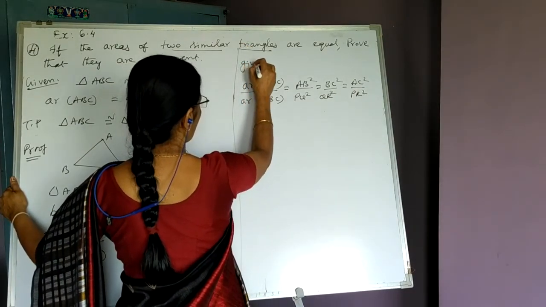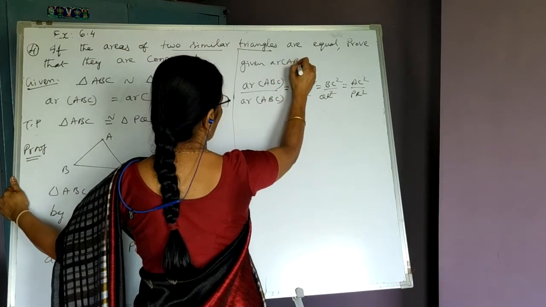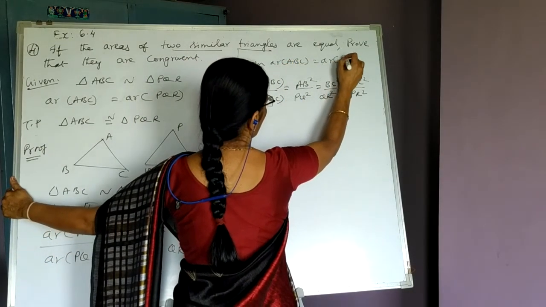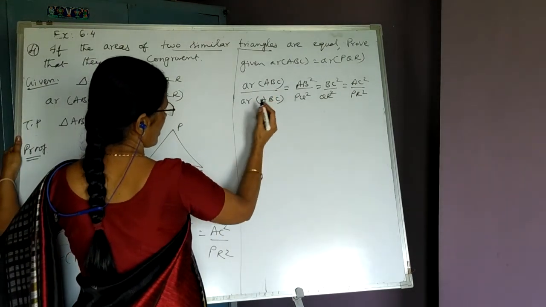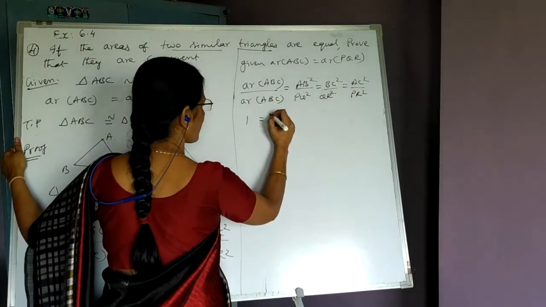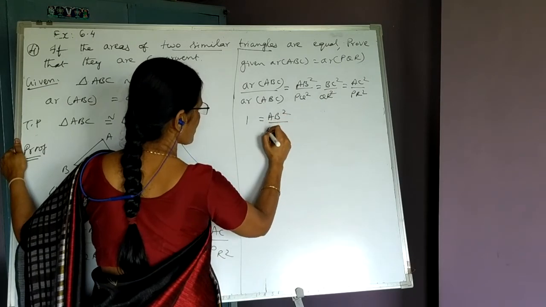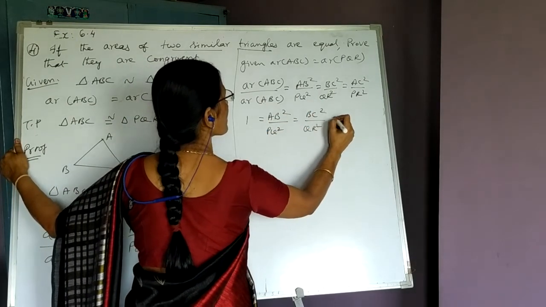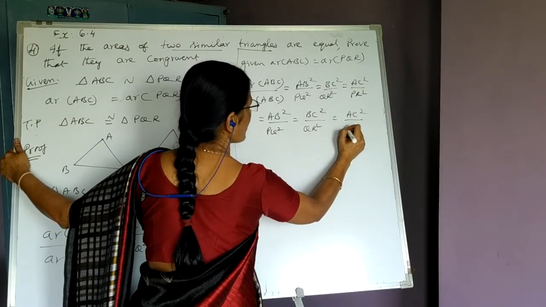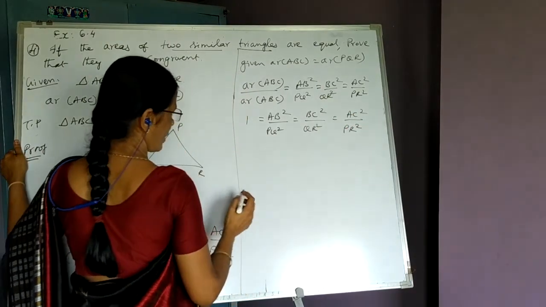The reason is given area of ABC equal to area of triangle PQR. Because these two are equal, cancelling we get 1, which is equal to AB square upon PQ square, BC square upon QR square, which is also equal to AC square upon PR square.